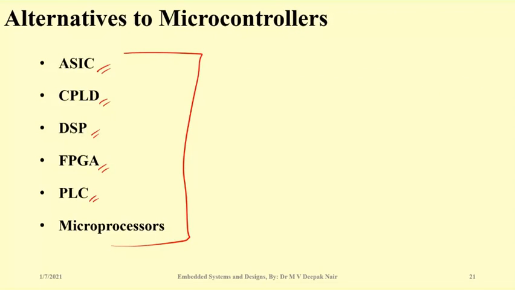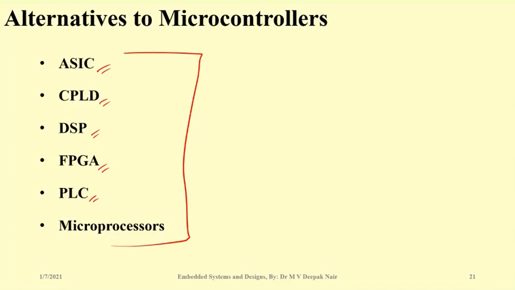Understood? At least you should know when an engineer should use ASIC, CPLD, DSP, FPGA, PLC, or microcontrollers or microprocessors, or when he should not use them.